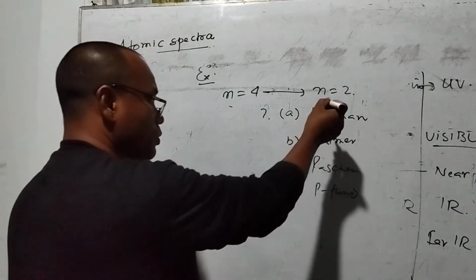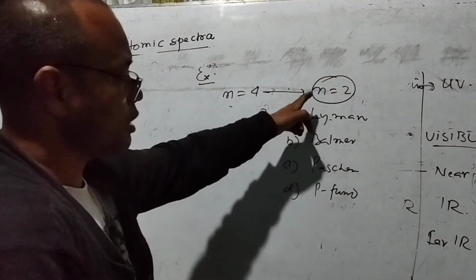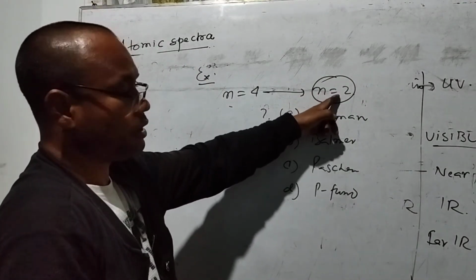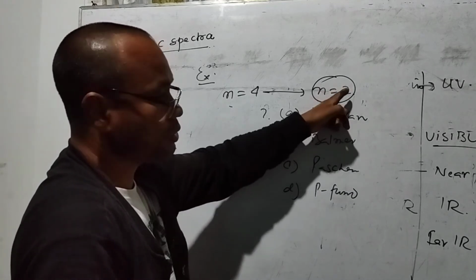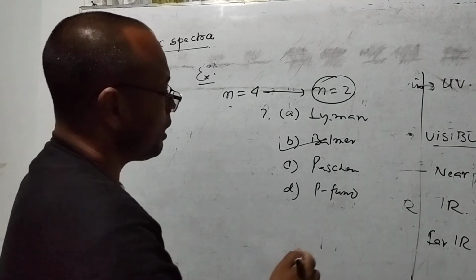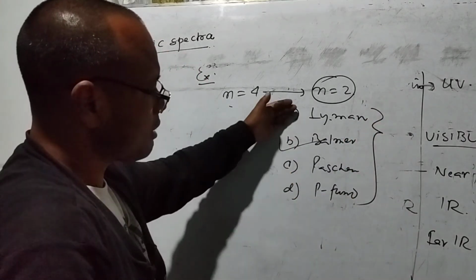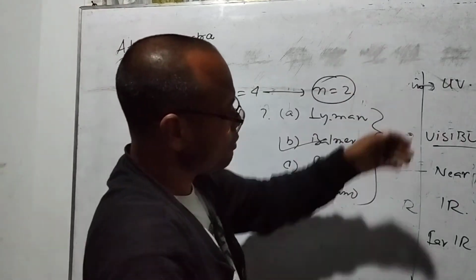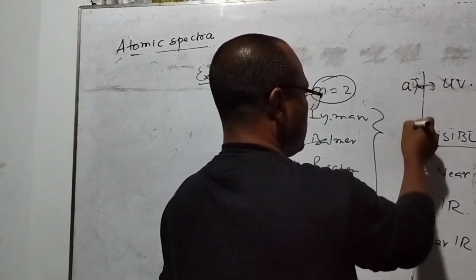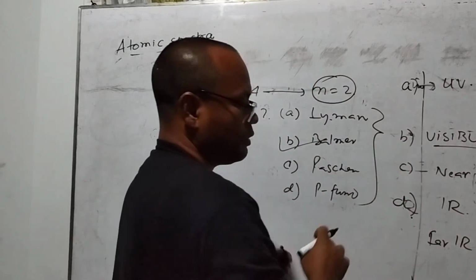So just look at the lowest energy level. See here, the lowest energy level is n is equal to 2, that is for the Balmer series. And they may give options like A, B, C or D, something like that, right?